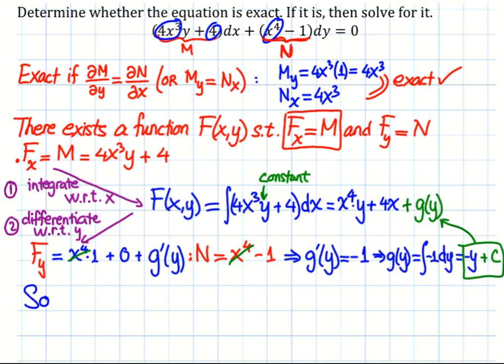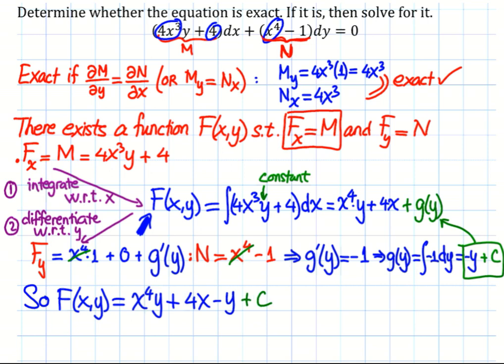So we have the solution in this form, which we started from here: x to the fourth times y plus 4x minus y plus c.